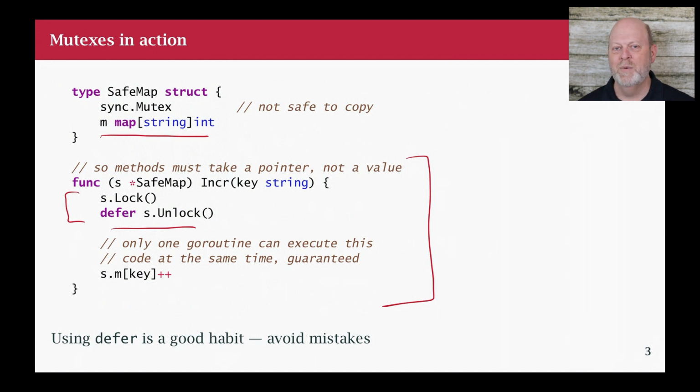And if you don't unlock the mutex, your program is probably going to grind to a halt. So again, this is a great use of defer. We defer the unlock immediately. There's no error to check, so we lock it, we immediately defer the unlock, and now we can do whatever we need to do, knowing that when we leave this function, we'll unlock the mutex so somebody else can use it.